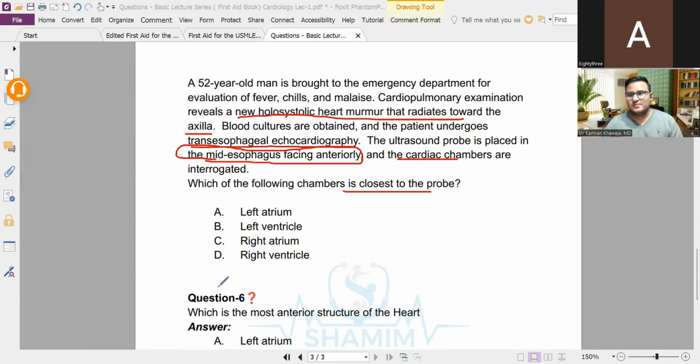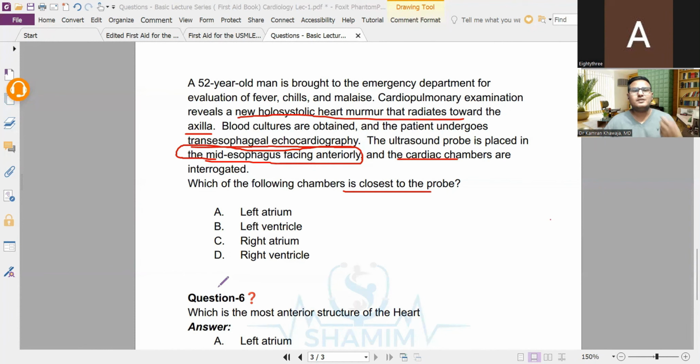Okay, one by one. Thank you, Mr. V. Right answer, Mr. Waleed, left atrium. Dr. Javed, sorry, it's left atrium. I told you the esophagus relation with the left atrium. Mitral stenosis, left atrial enlargement, compression of the esophagus, compression of the nerve, dysphonia, dysphagia.